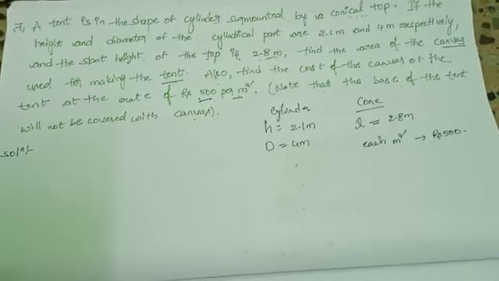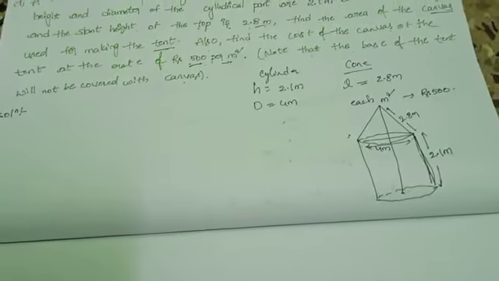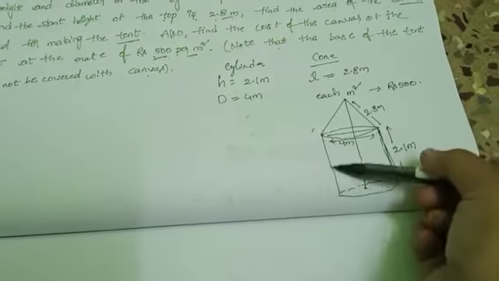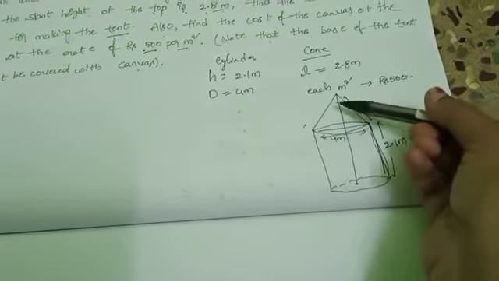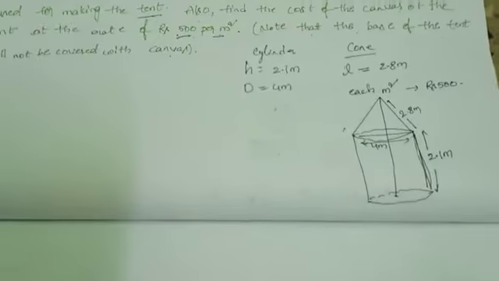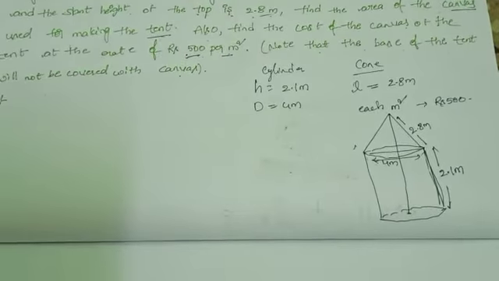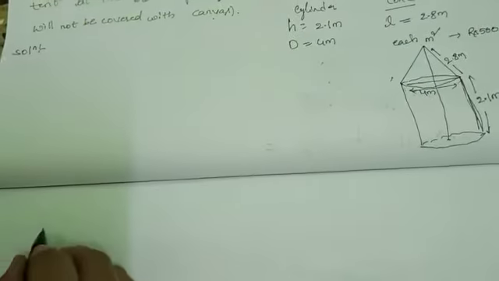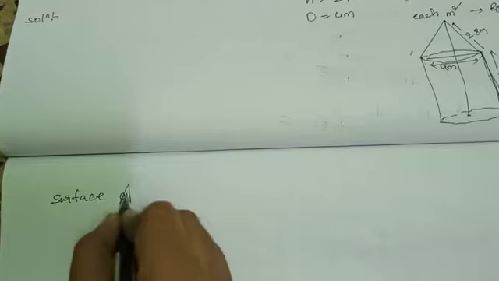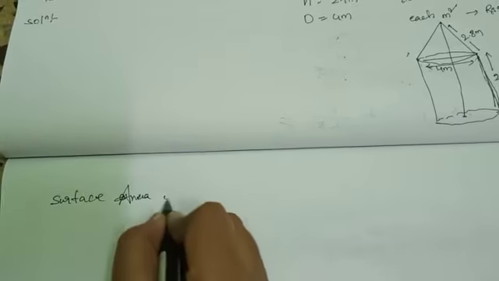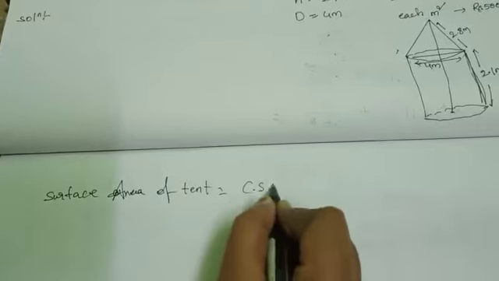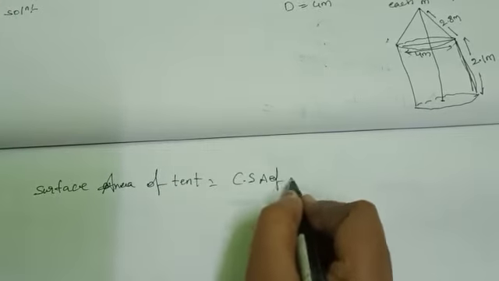First draw the figure. This is the diagram. Below one is the cylinder, above top is the cone. First find the surface area. Surface area of tent equal to curved surface area of cylinder.